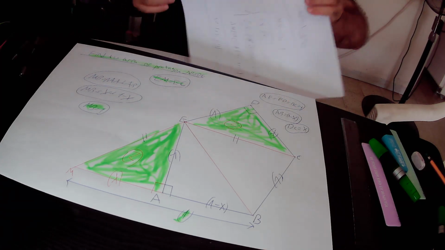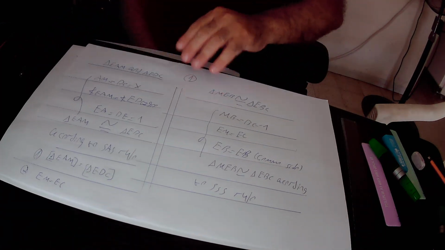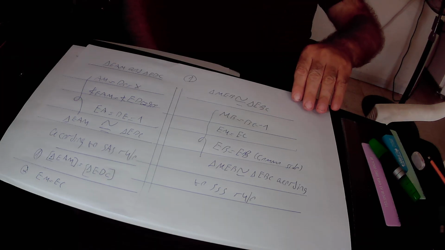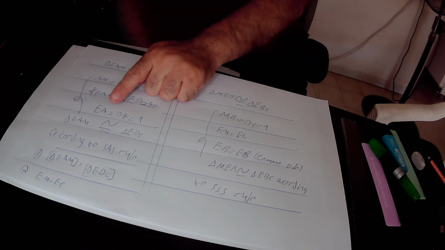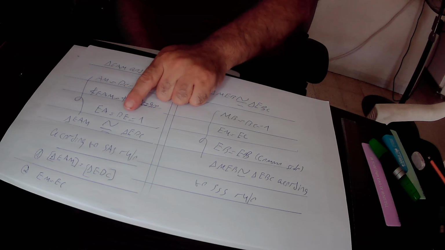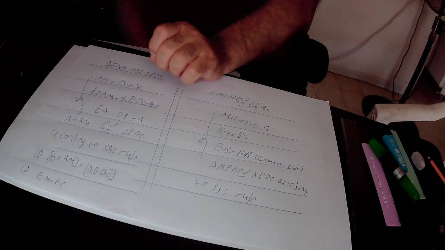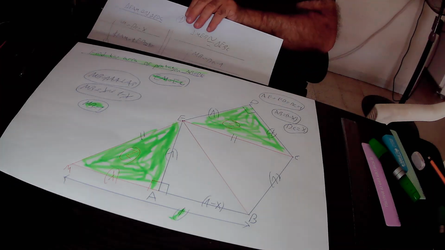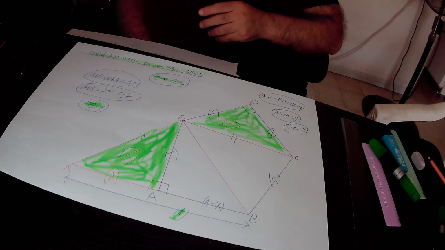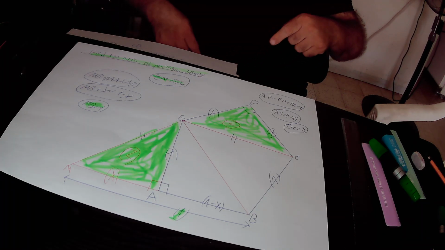So at the end, the right triangle EAM is congruent to the right triangle EDC according to the side-angle-side rule. From the fact that they are congruent, we derive two things. The first thing is they also have the same areas.